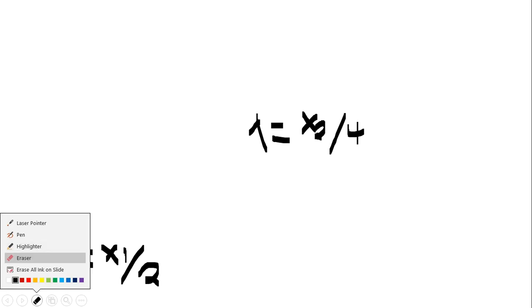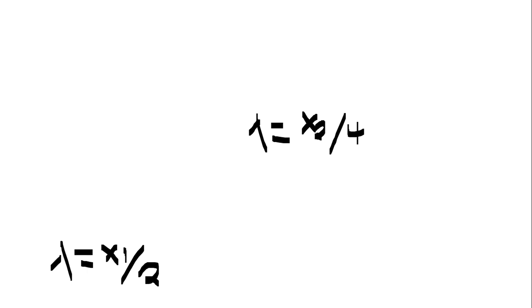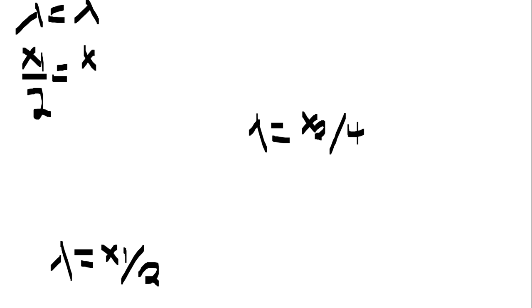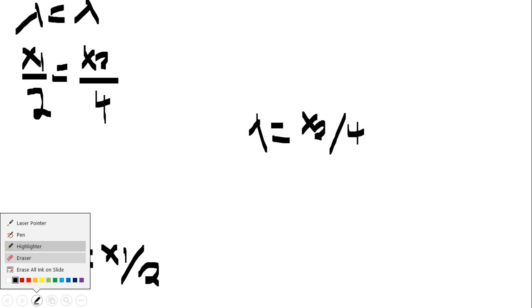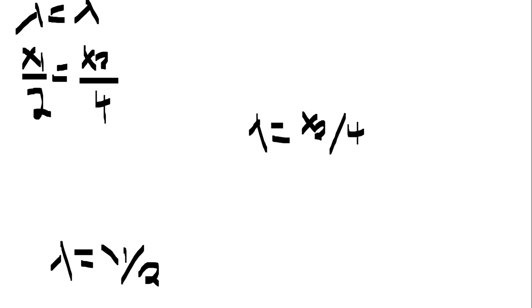So we say lambda is equal to lambda, so x1 over 2 is equal to x2 over 4.